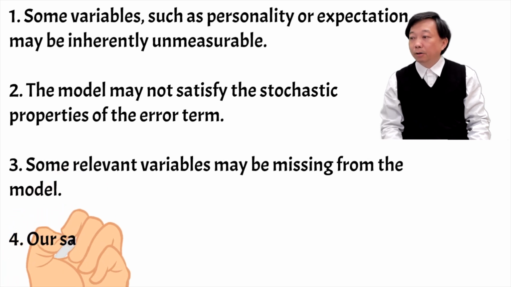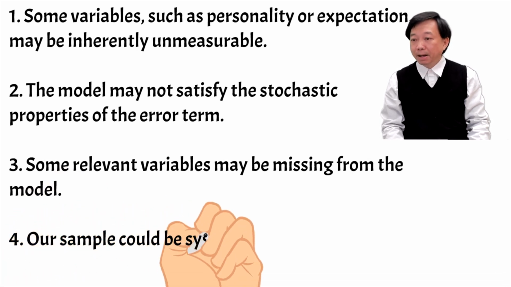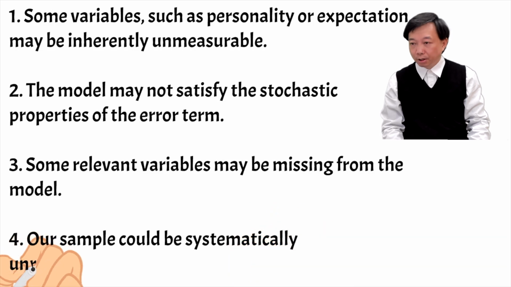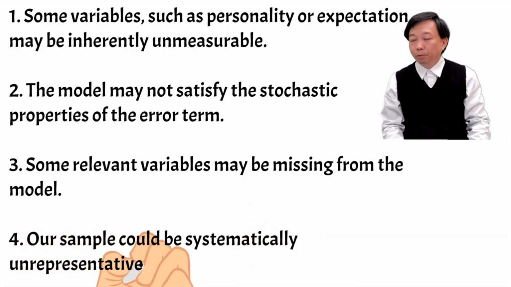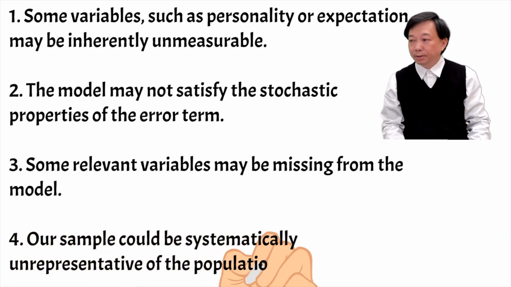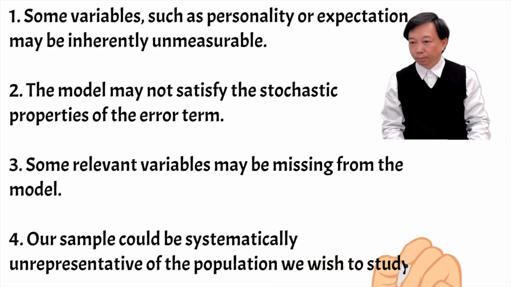Fourth, our sample could be systematically unrepresentative of the population we wish to study. The sample selection bias correction should be considered under the circumstances. These are part of the issues we may face and solve when we estimate econometric models.